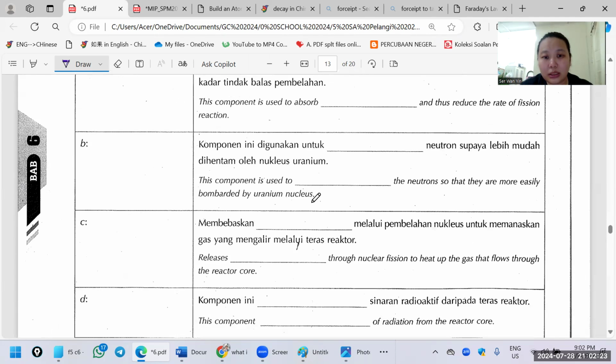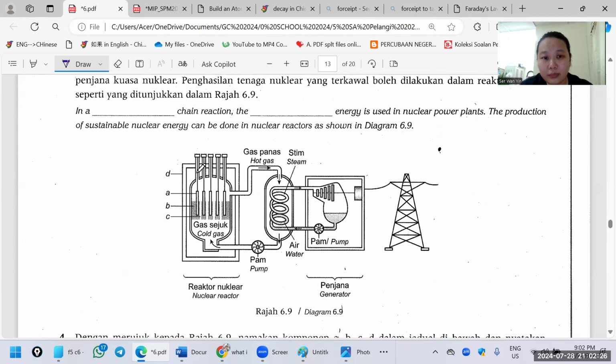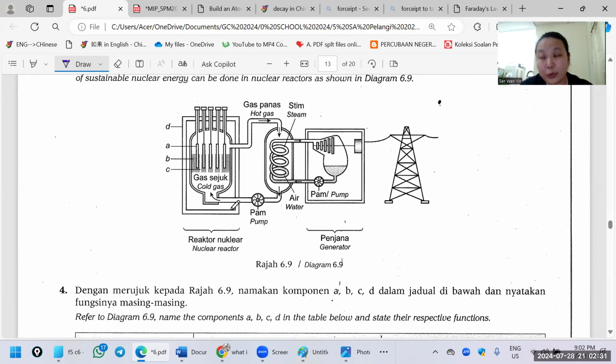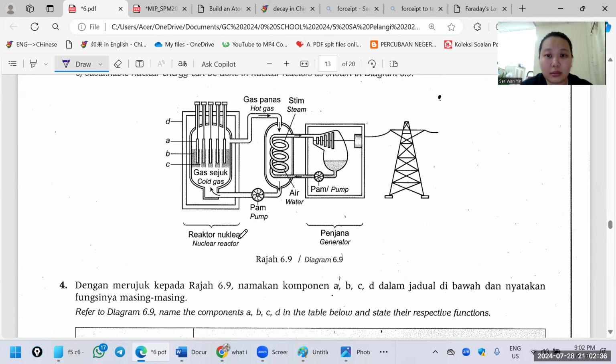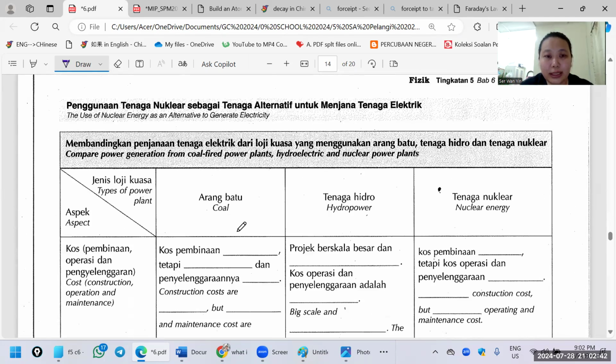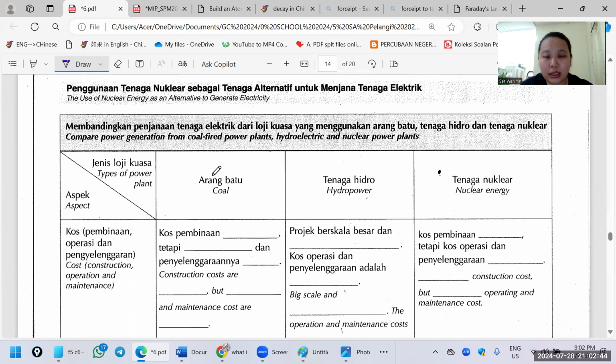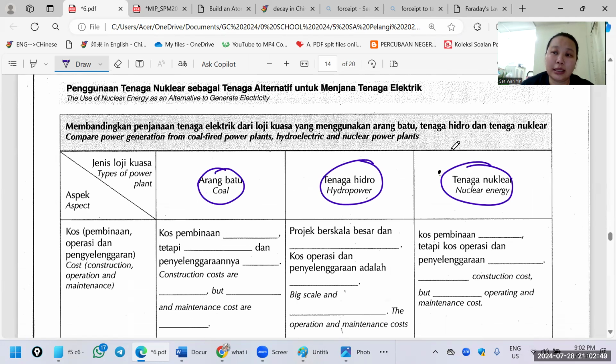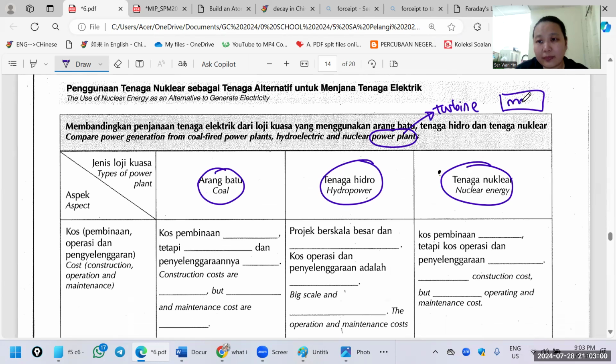So actually here got this one. Here got uranium rod, boron, cadmium and graphite. And actually coal, hydropower, nuclear energy, all generate heat in different ways, but finally in power plants, inside got a turbine. The turbine turns the magnet.